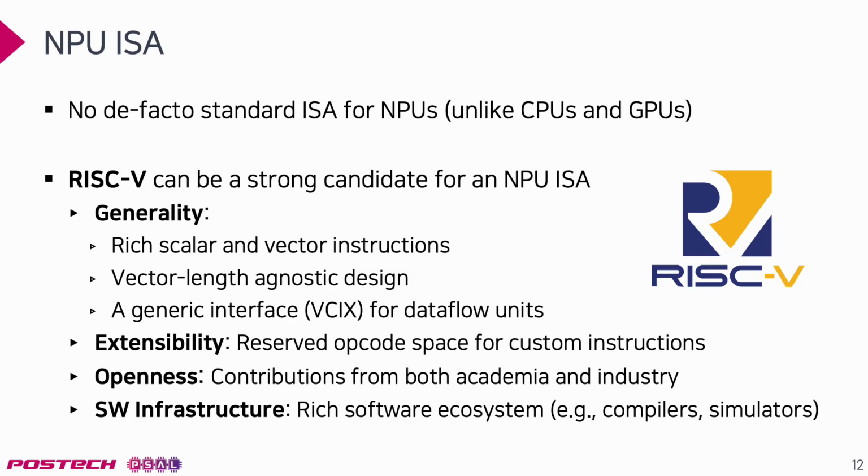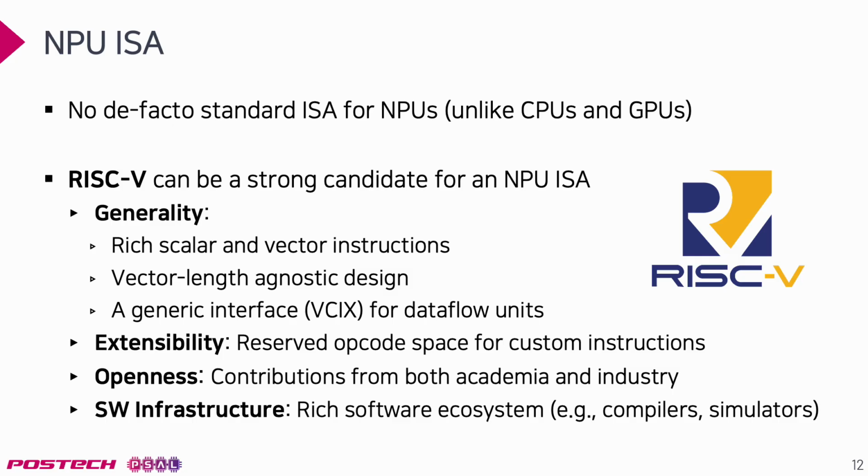This allows us to explore many diverse NPU architectures compared to using different vector extensions. In addition, there are useful extensions like the vector coprocessor interface extension, which can be used to model the interface between the dataflow unit and other units within the NPU core.